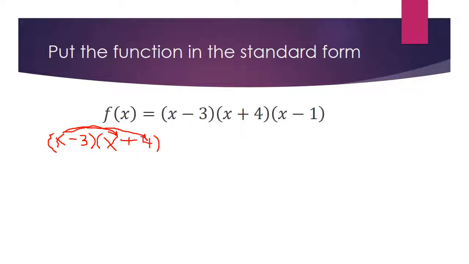So I'm going to distribute x into x and 4. So x times x is x squared. X times 4 is 4x. So I'm going to have x squared plus 4x, and then I'm going to multiply negative 3 times x, that's negative 3x, and negative 3 times 4, that's negative 12.